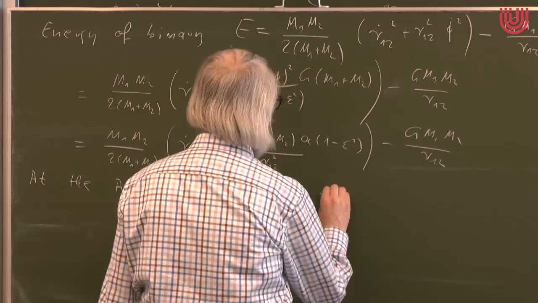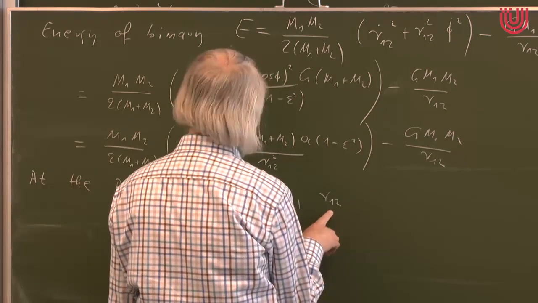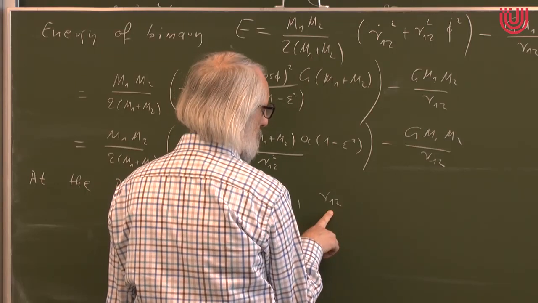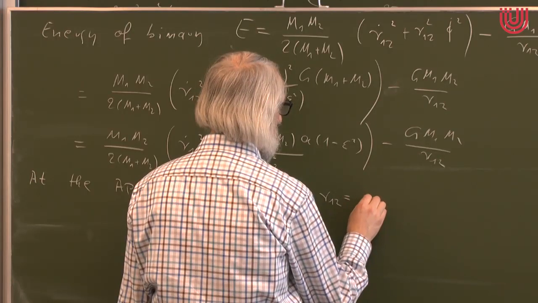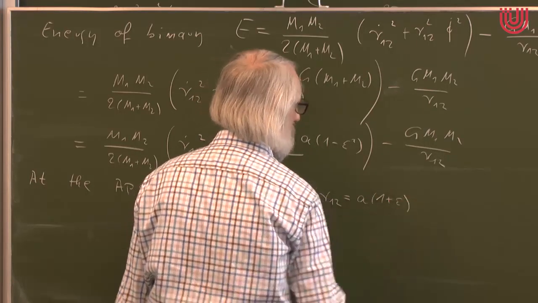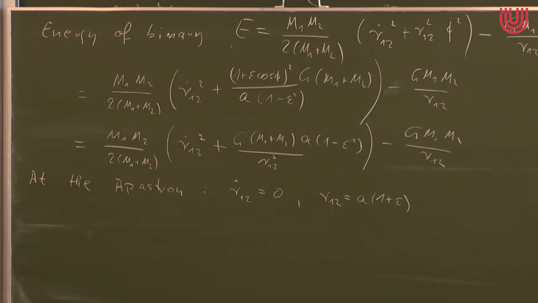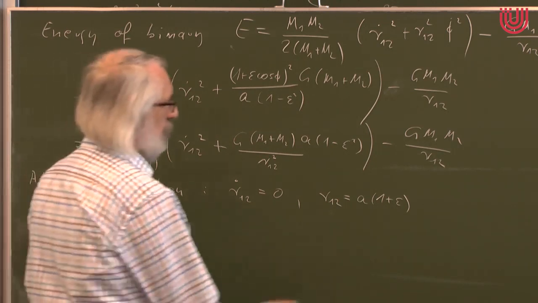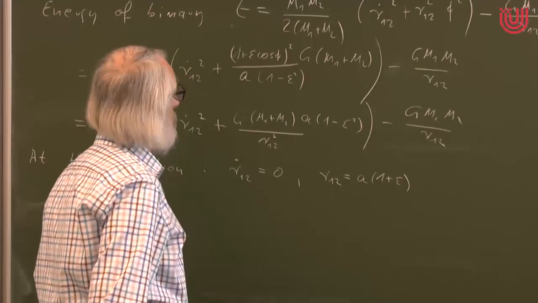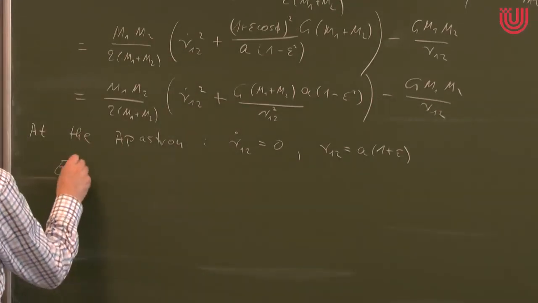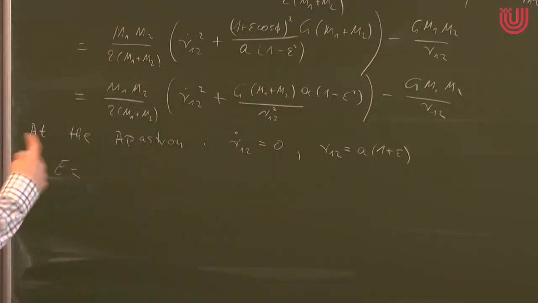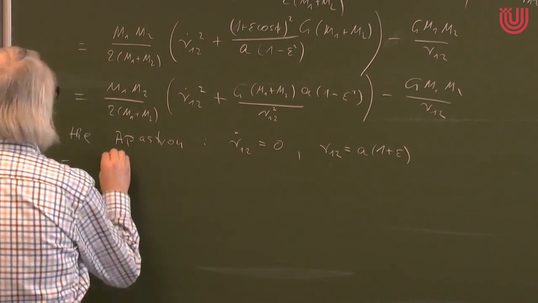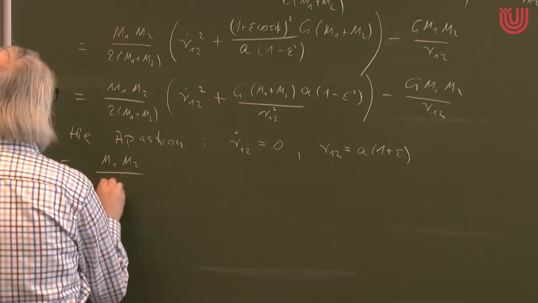And R12, well, what is the maximal distance of the boundary points of an ellipse from the center? This is the semi-major axis times 1 plus epsilon, right? For the periastron, it's 1 minus epsilon, and for the upastron, it is 1 plus epsilon. So E must be this expression where I insert these values. I can insert values at any point of the ellipse, but in particular this point gives convenient expressions.